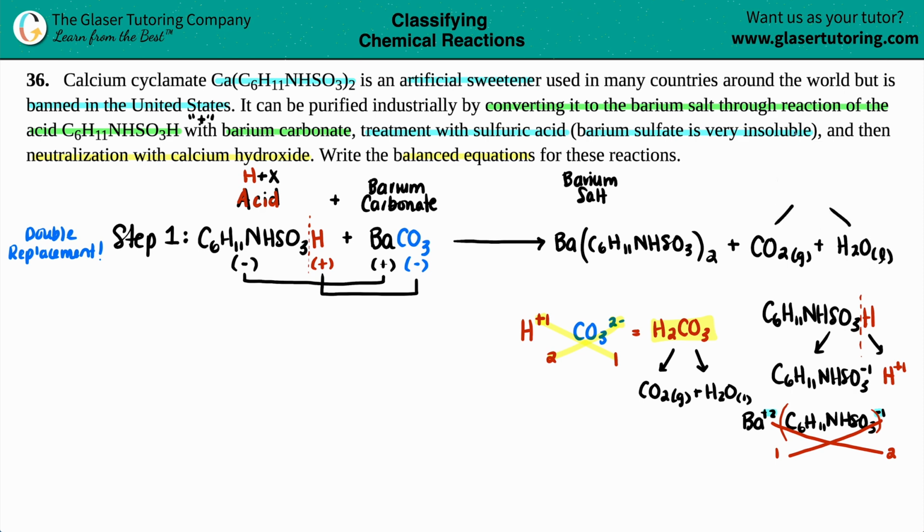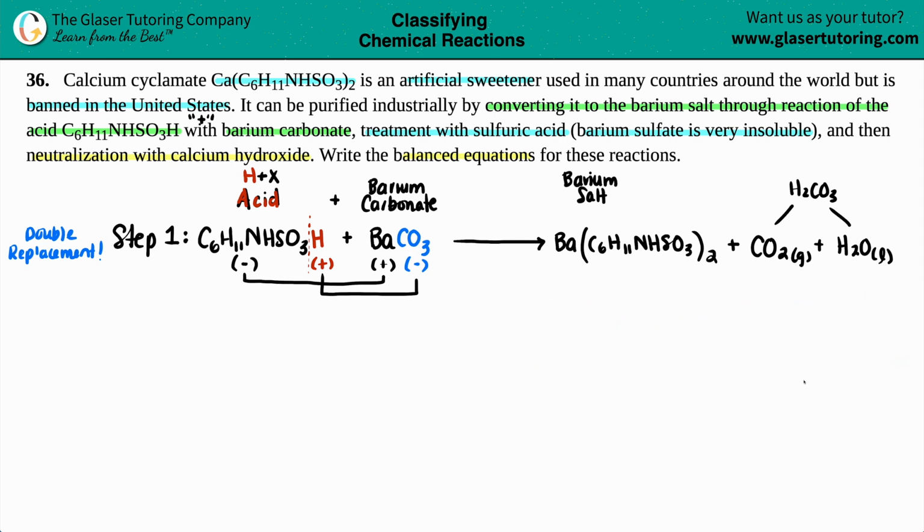And maybe I'll say that this came from H2CO3. Okay. So now let's get it going. And I'm just going to put up here that the barium was a +2 charge. And the C6H11NHSO3 was a -1 charge.